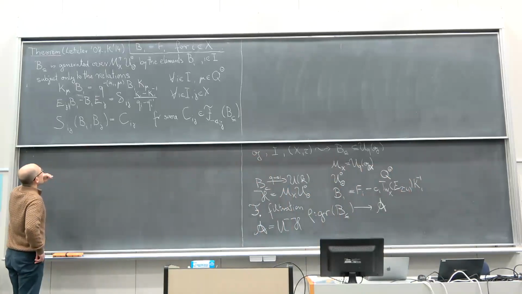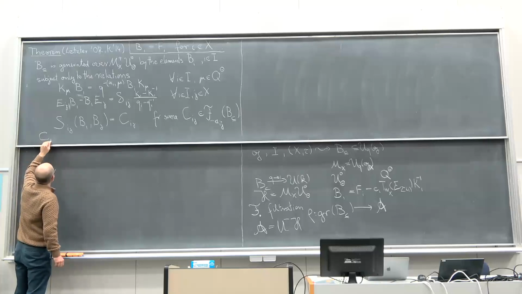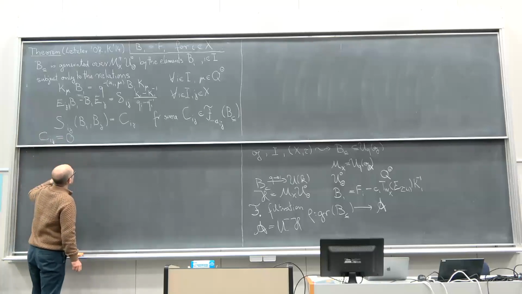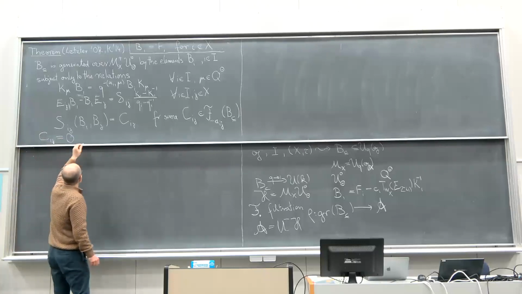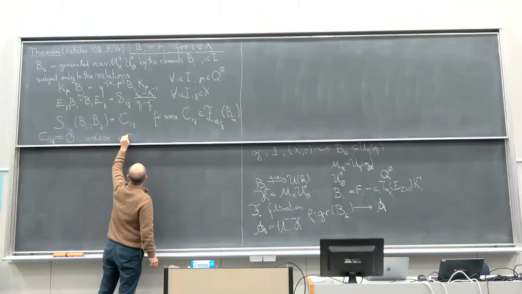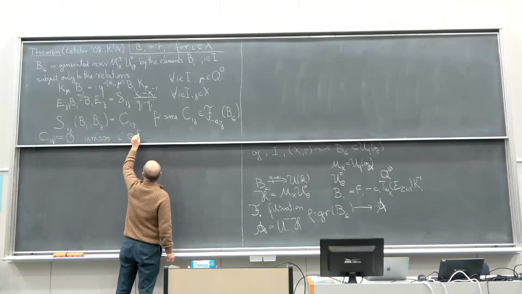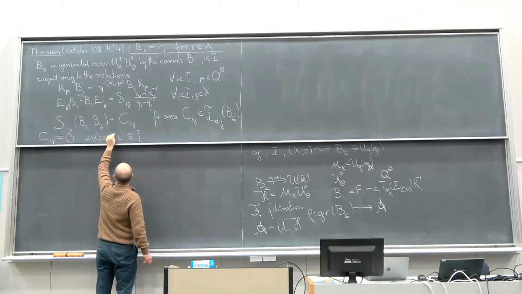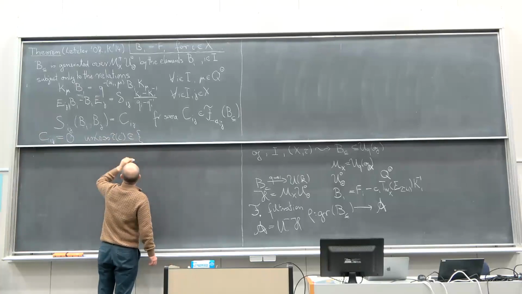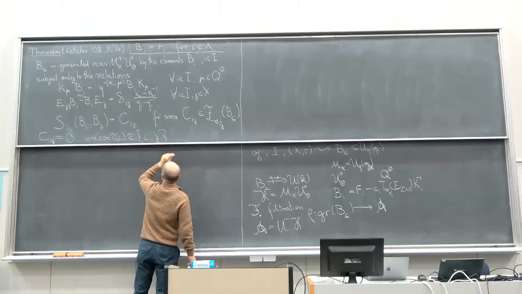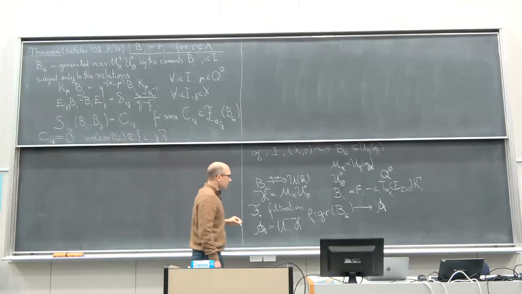And we know, and this I didn't say, that C_ij is equal to 0 nearly always, unless tau of i is either i or it's j. Otherwise, one can show that these things are 0.